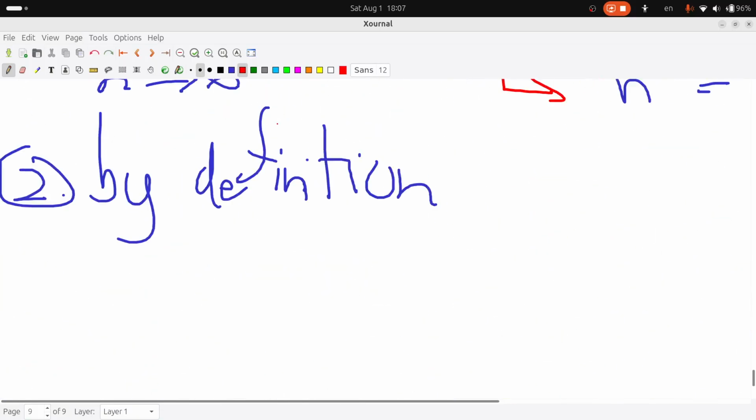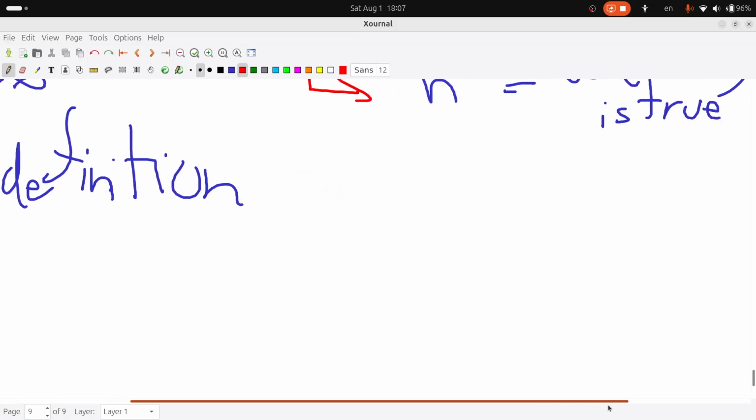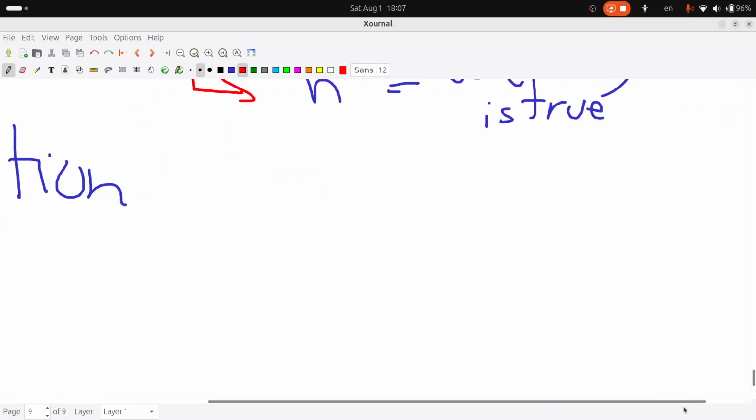So go back to little omega notation. For little omega notation, it's just the opposite of the definition for little o notation.